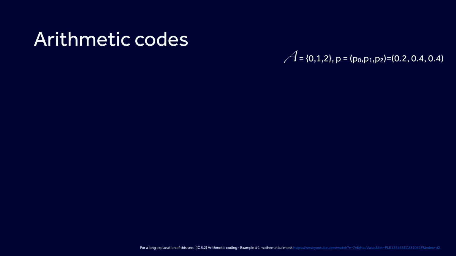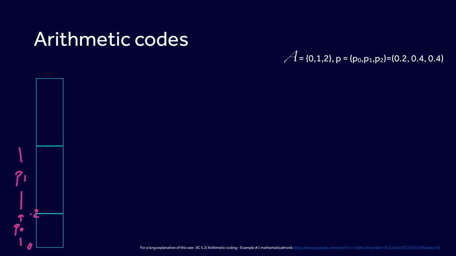I'm just doing 3. And the idea behind arithmetic codes is to use an interval to express all of those probabilities. So let's imagine there's a vertical line that runs from 0 to 1. And so these intervals here represent the probabilities. At the bottom there, we've got P0, which is the 0.2. Then we've got P1, which is a length 0.4, so 0.2 plus 0.4 equals 0.6.